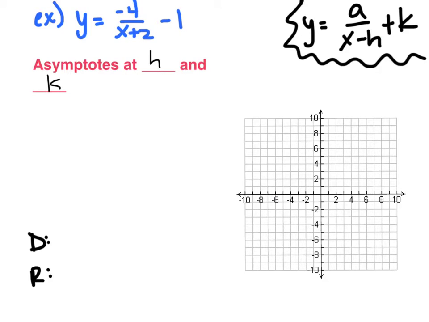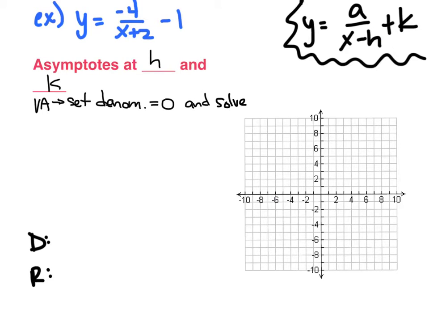Now, the way I'd rather you memorize the vertical asymptote, because this is how it always works, all you do is set the denominator equal to 0 and solve. So in this example, we have a denominator of x plus 2.